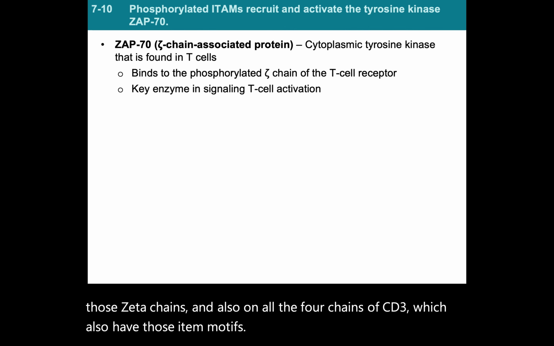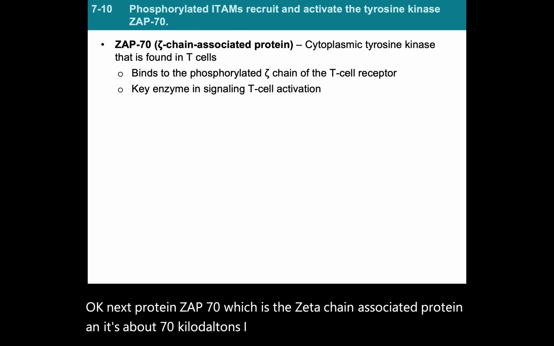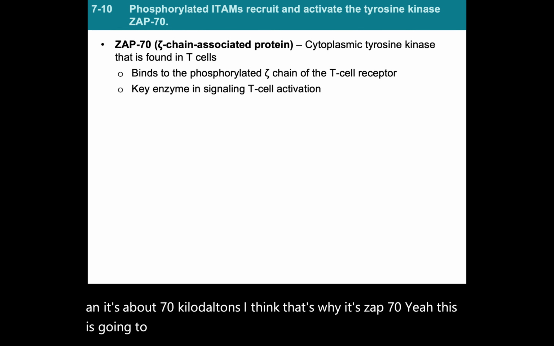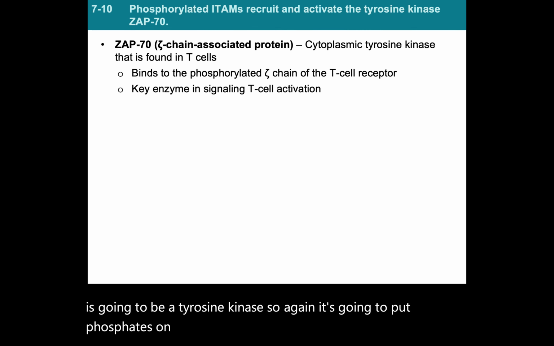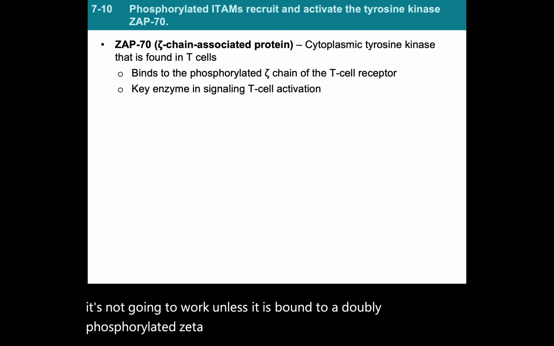Okay, next protein, ZAP70, which is the zeta chain associated protein, and it's about 70 kilodaltons, I think. That's why it's ZAP70. This is going to be a tyrosine kinase. So again, it's going to put phosphates onto tyrosines. It's going to be found in T cells, but it's not going to work unless it is bound to a doubly phosphorylated zeta chain of a T cell receptor.